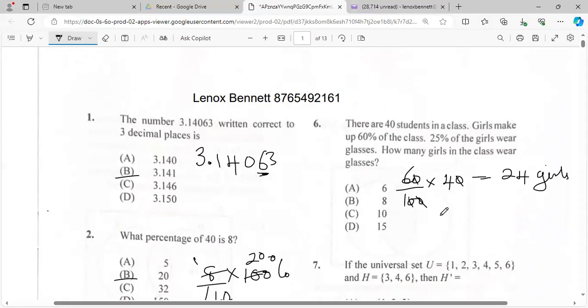So 25% is the same as dividing by 4. So let's find 25% of 24. 25 into 100, 4. 24, 1, 20, 24, 6 times. So that's 6 girls. Big up girls, big up if you wear glasses.